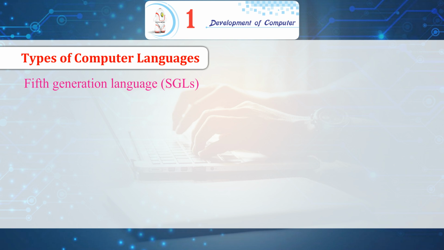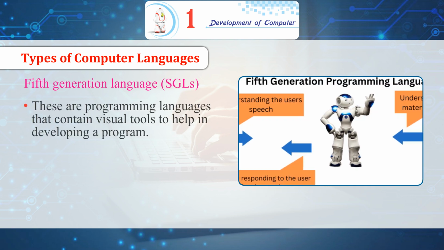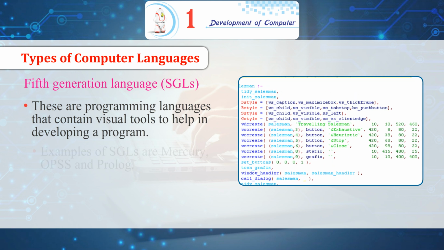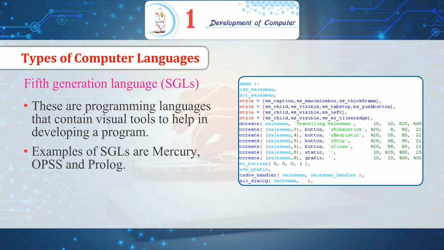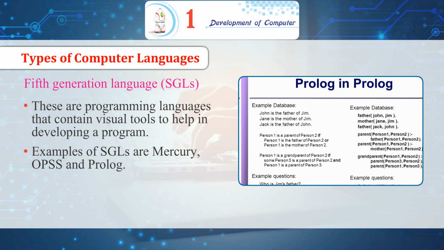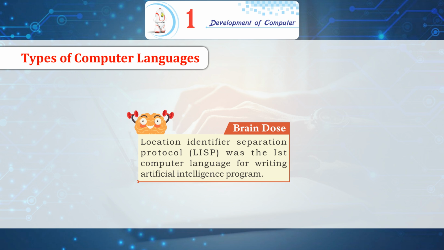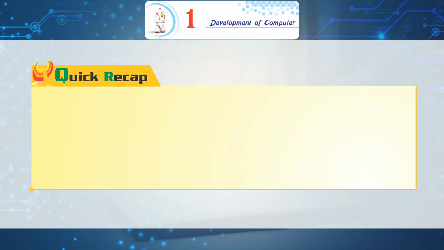Fifth-generation language, 5GLs. These are programming languages that contain visual tools to help in developing a program. Examples of 5GLs are Mercury, OPS5, and Prolog. LISP was the first computer language for writing artificial intelligence programs.